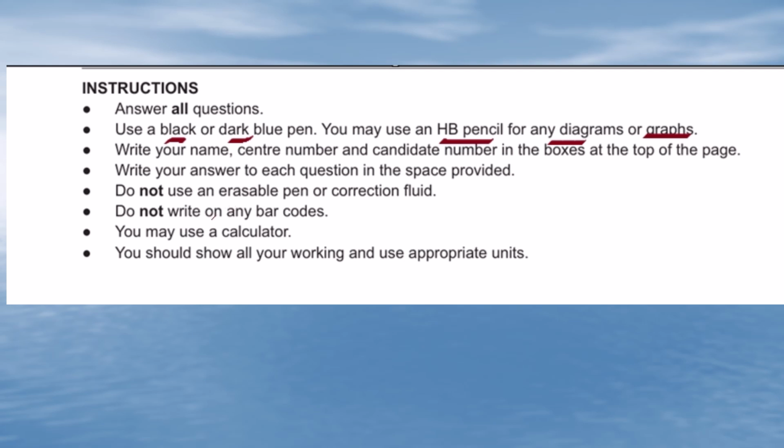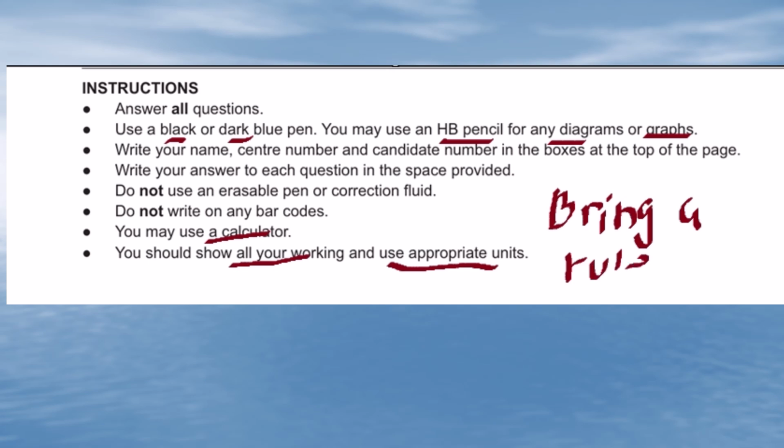Another important thing here, you may use a calculator, and you should show all your workings and use appropriate units. And bring a ruler. That's one rule I have. For any Cambridge Science exam, always bring a ruler.